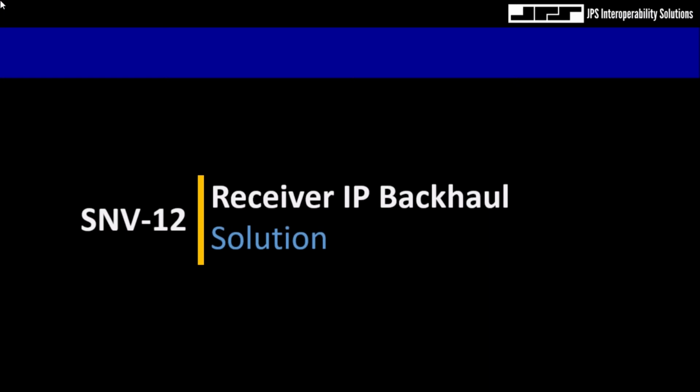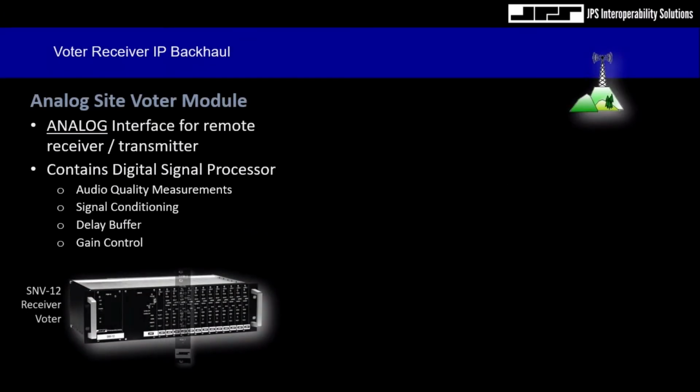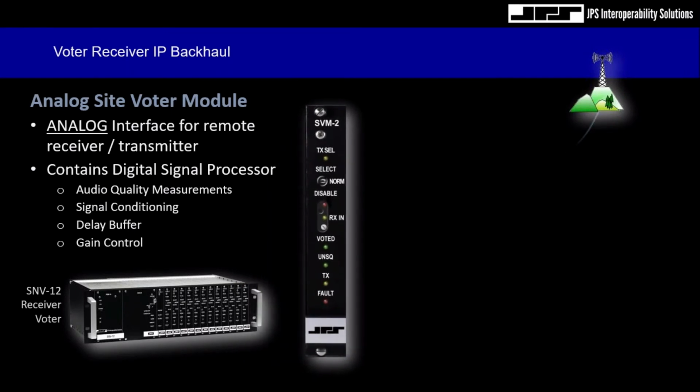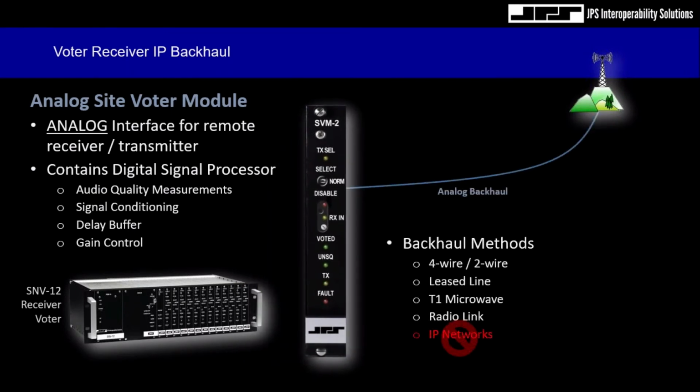Okay, so let's look at a couple of site voter module options that we do offer. This is the SVM2 site voter module, the analog site voter module that populates one of the 12 slots at the right of the SNV12 voter chassis, as you can see on the bottom left. It will support a single transmitter receiver site and will backhaul analog links over leased line, copper tie lines, T1, microwave, and RF links.